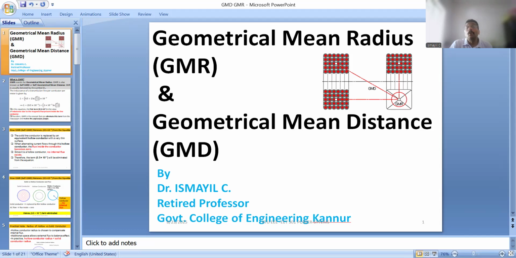That is, DAB is equal to the 4th root of 5 into 5.3 into 4.7 into 5, which is approximately equal to 4.99549. That is the equivalent mutual distance of one bundle to another bundle.